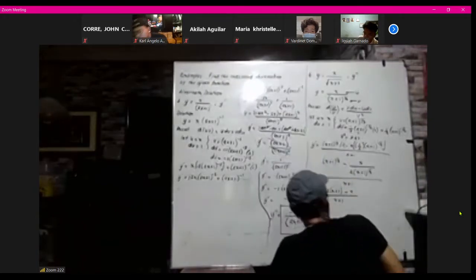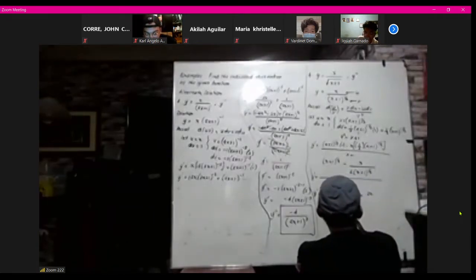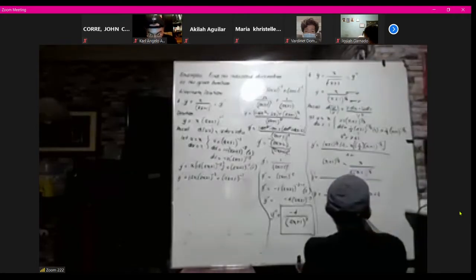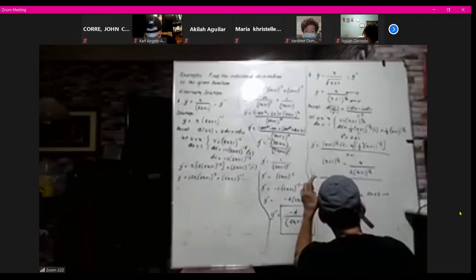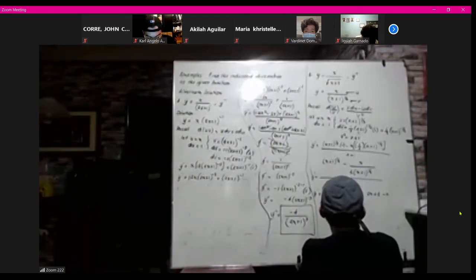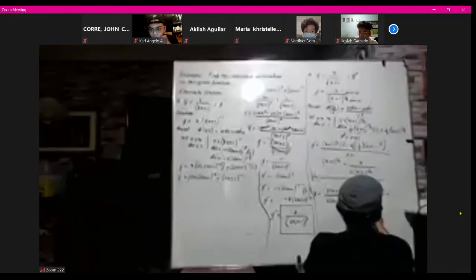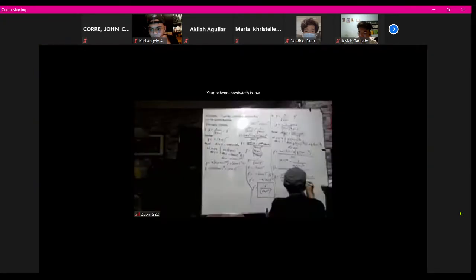Okay, so dito, kapag simplify na natin, that is equal to 2x, then 2 times 1 plus 2 minus x, all over, meron pa tayo dito, 2 times x plus 1 raised to 1 half multiplied by x plus 1.